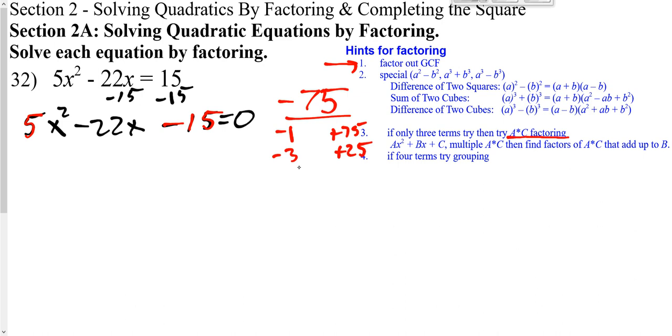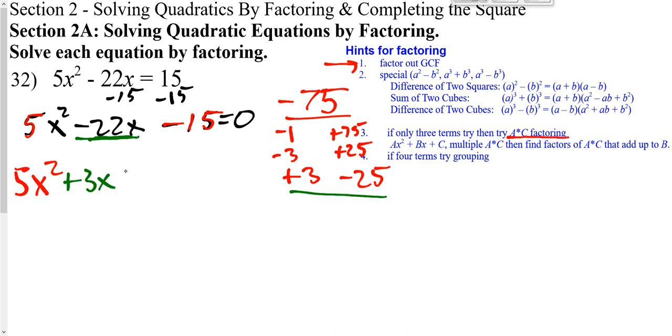So that means all we have to do is switch the signs, and then we have our negative 22. So that's what we want to use. I'll bring this down: 5x squared. And then instead of writing this, I'm going to write positive 3 of the x's minus 25 of the x's. And then I still have my minus 15 is equal to 0.